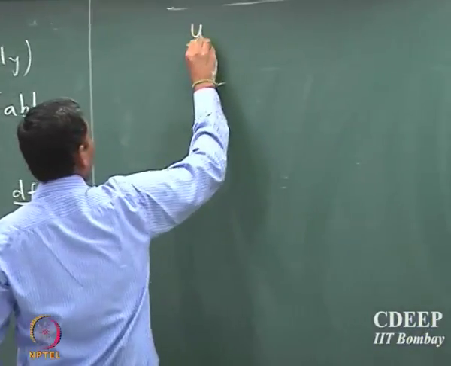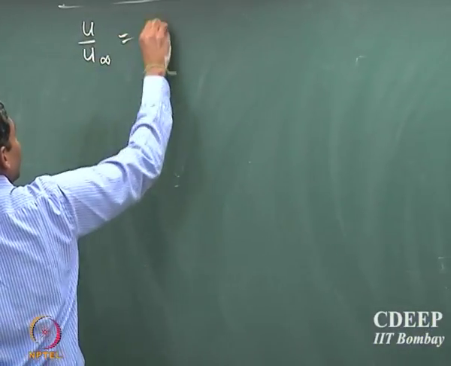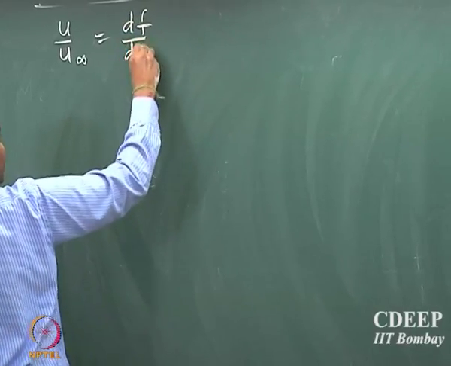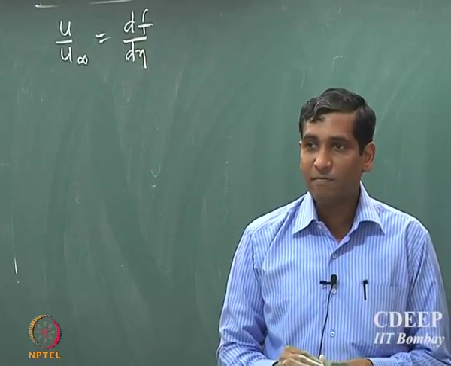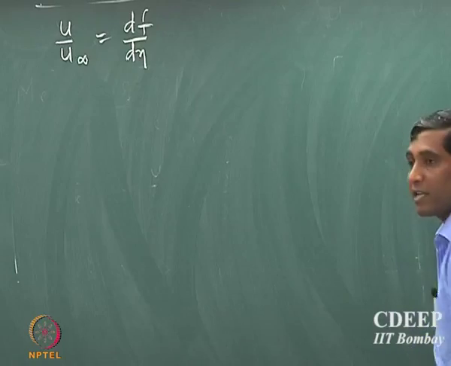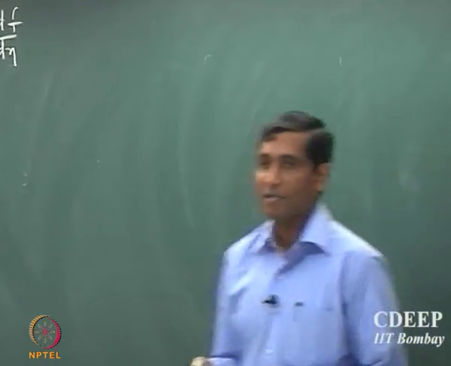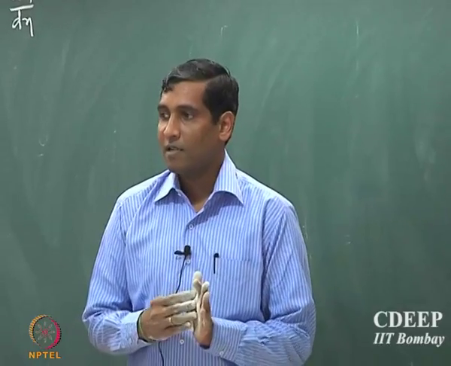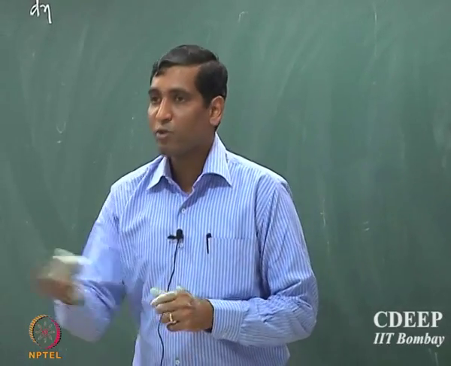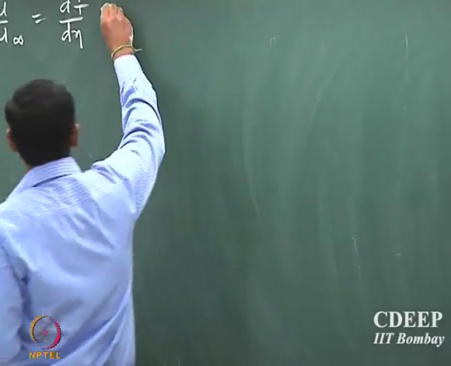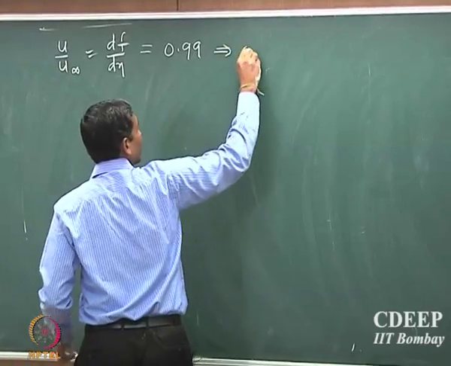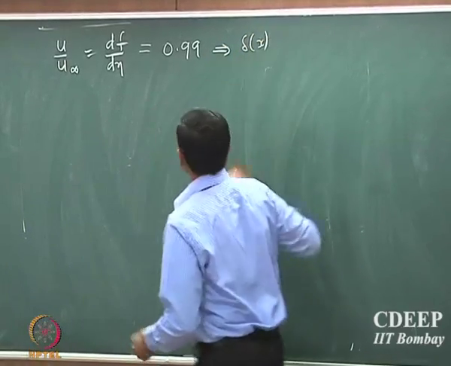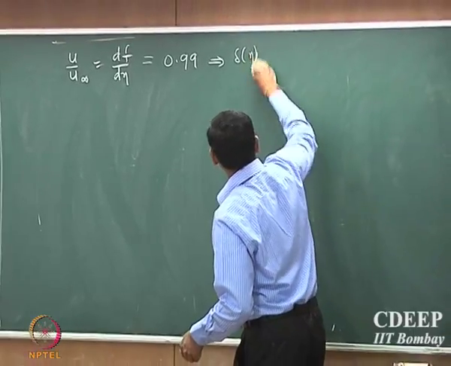Before we go into finding the friction coefficient, we said u by u infinity is df by d eta. So what's the definition of boundary layer thickness? It is where u tends to 0.99 u infinity. Here it will be a function of eta.